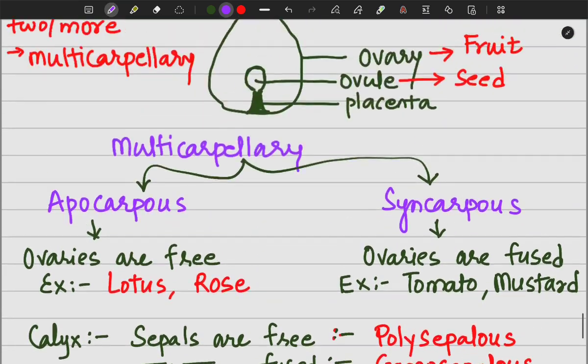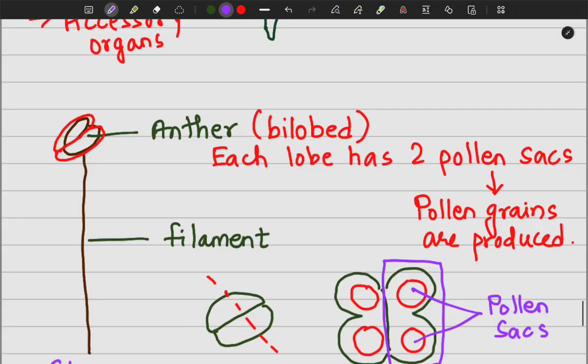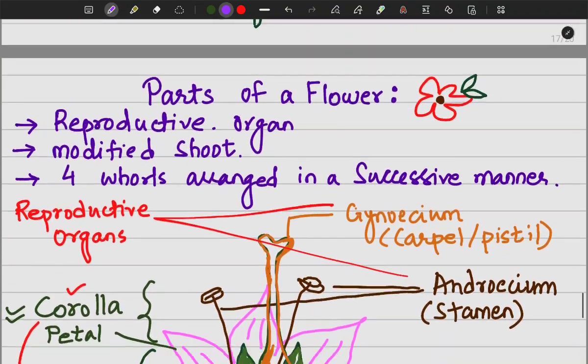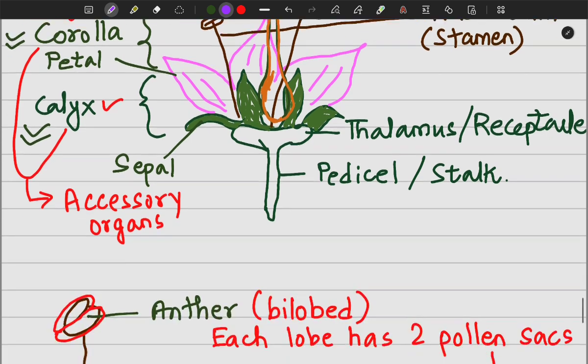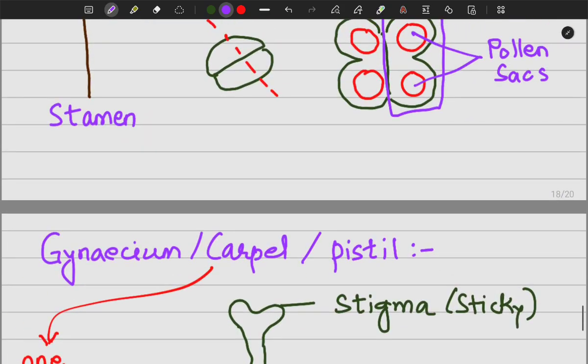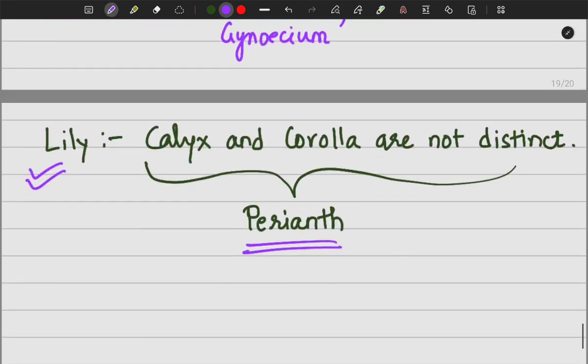Alright, so I think we have covered all the topics related to the structure of a flower. Let me just have a look if I have covered all the topics or not. Is there one more term? We studied about the stamen.